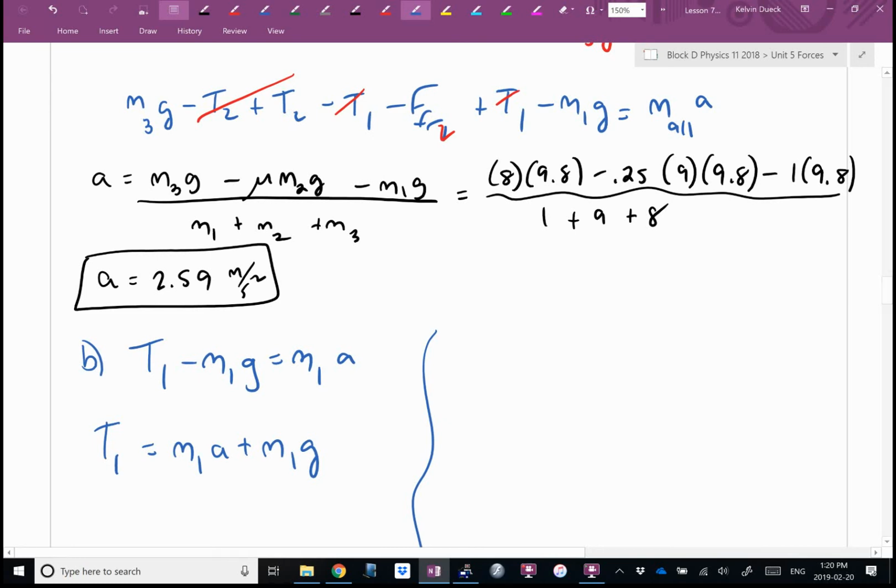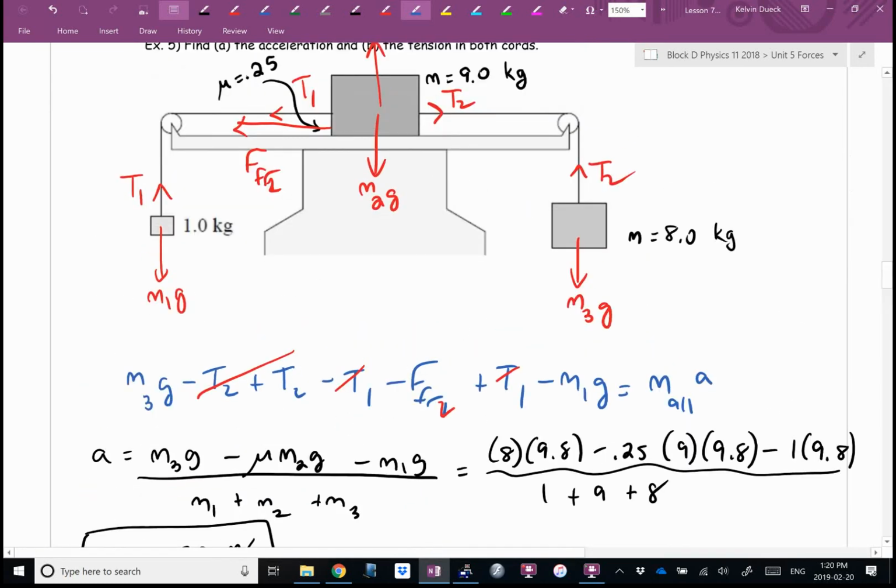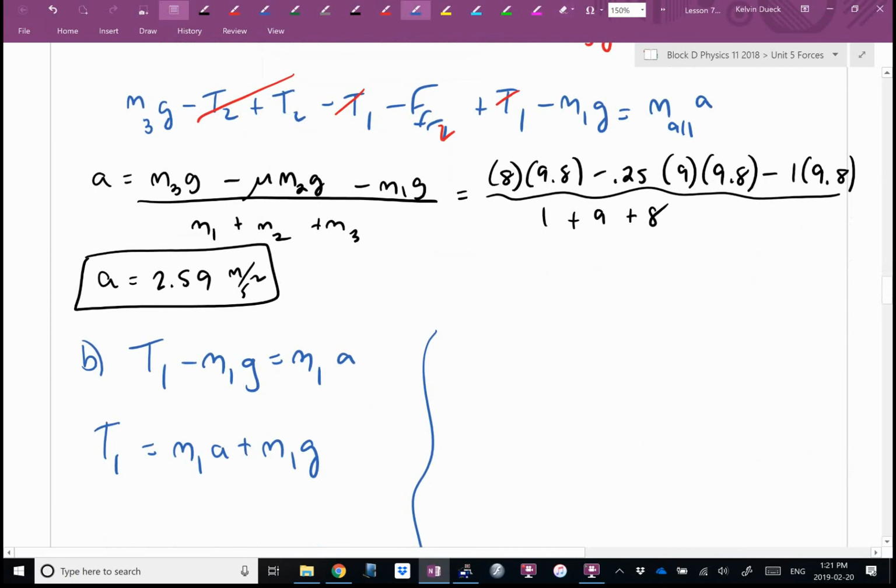Pause there. Let's go to the second mass here. Jagger, which way is mass 3 accelerating, up or down? Down. Can you give me my equation for mass 3? Who's winning? Who's losing?